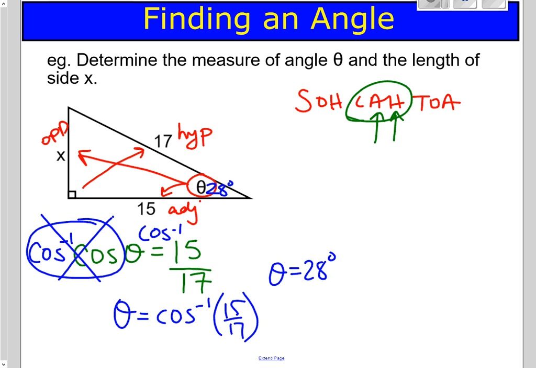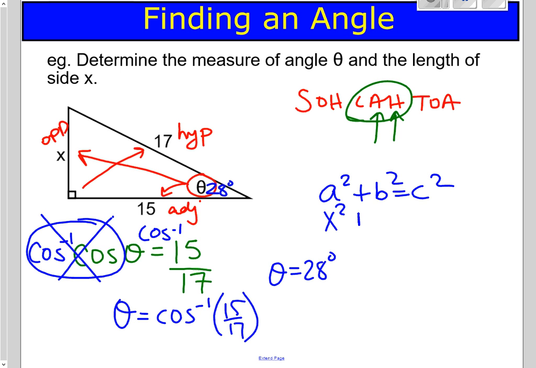Okay. Now, from there, you can still use your primary trig ratios to solve for that missing side. Now that we have an angle, I could use any of my trig ratios to find it. But we don't have to use these trig ratios. If you have two sides of a right triangle and you want to find your third side, remember we can always use the Pythagorean theorem to find a missing side if you know the other two sides.